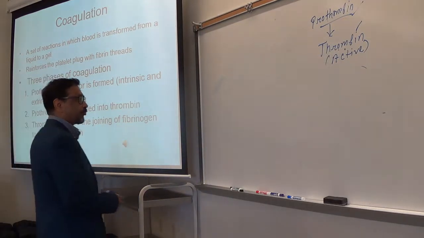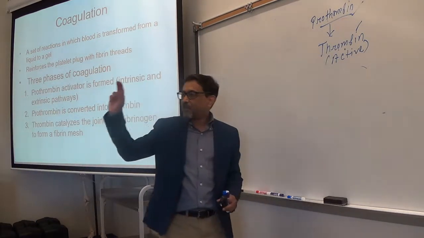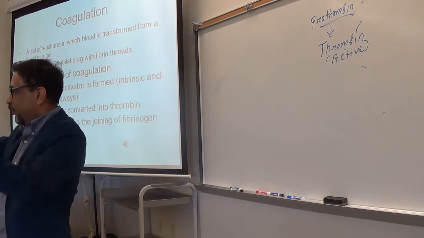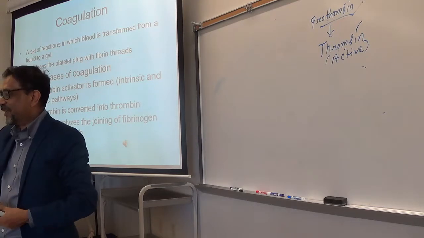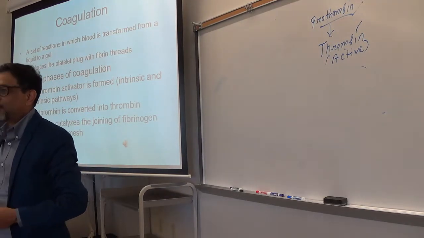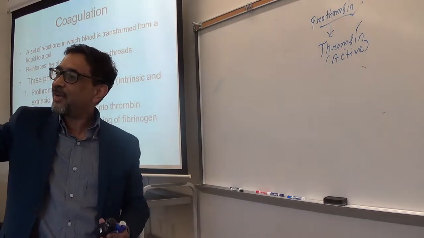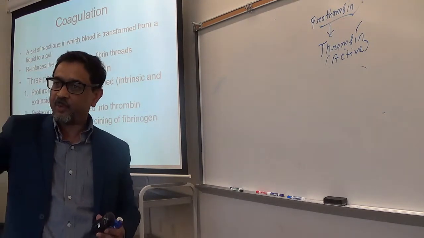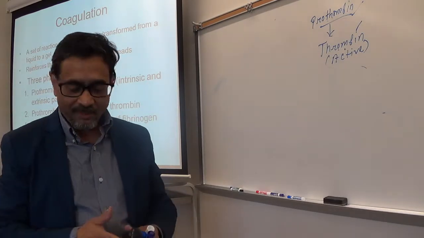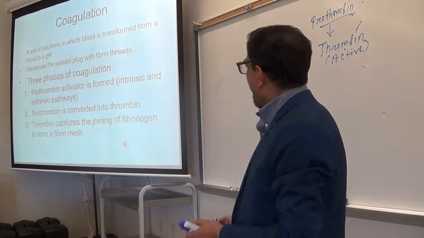Okay. And what is the common product of both extrinsic and intrinsic? Prothrombin activator. That activates the inactive prothrombin to active thrombin, right? And thrombin then converts the plasma protein fibrinogen to fibrin threads. Make sense? Okay, so that is the process.